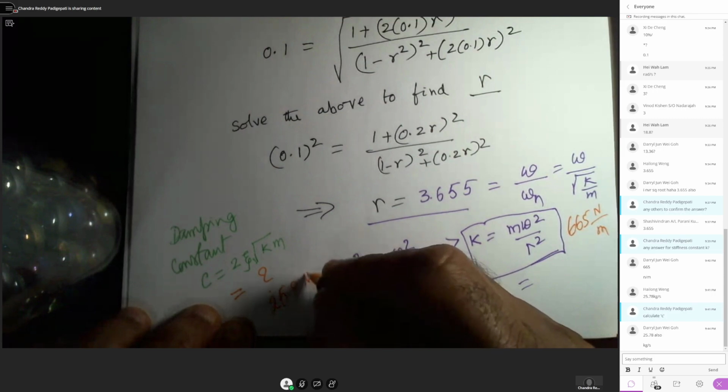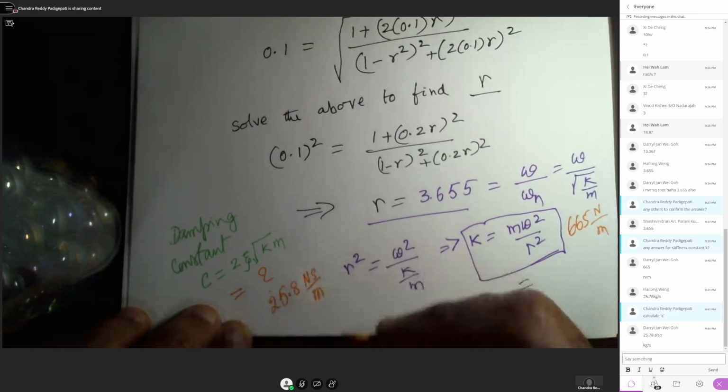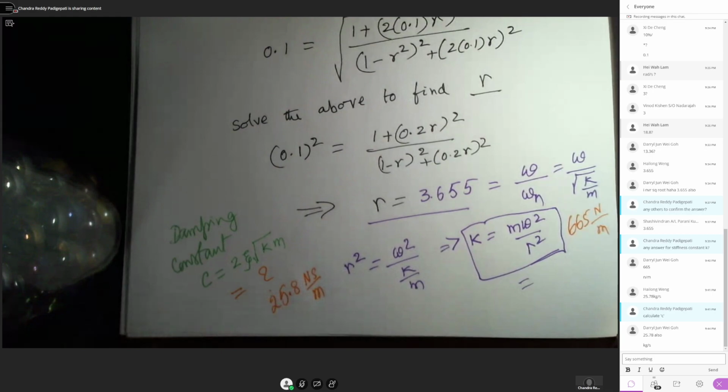Okay, you can also say Newton second per meter. You can also say kilogram per second. Okay, the better way of writing is Newton second per meter. All right, so this will be the solution.